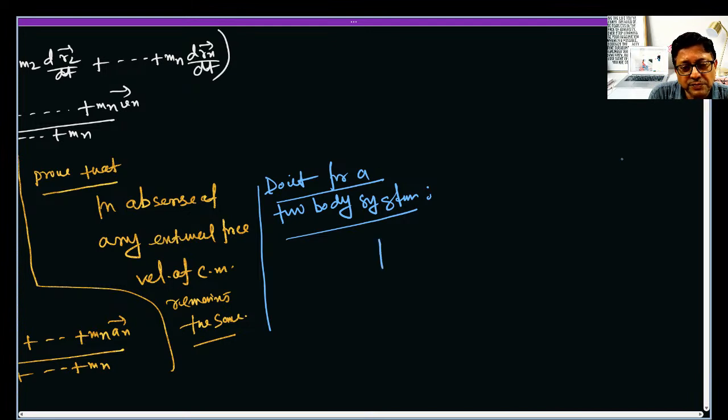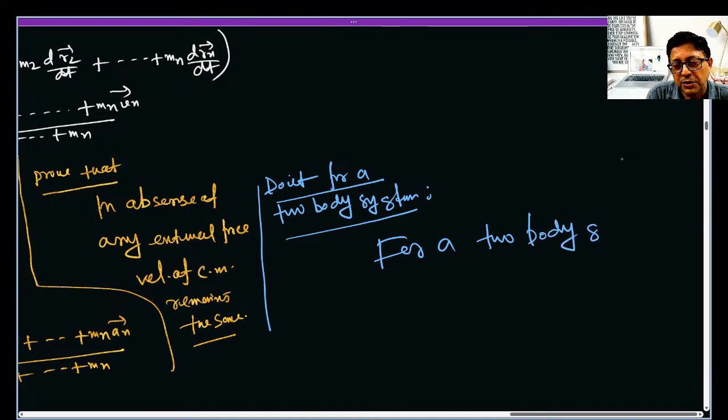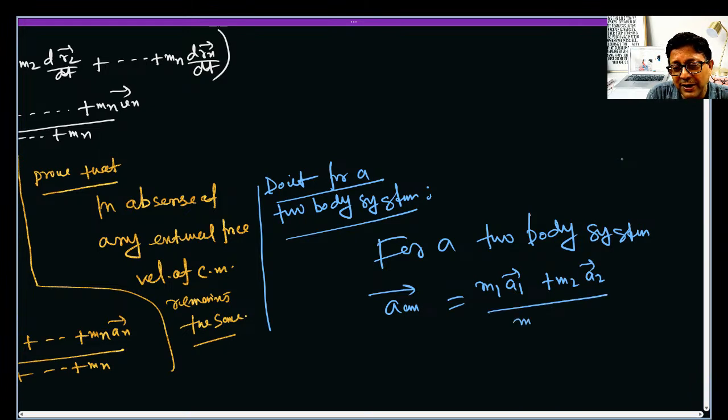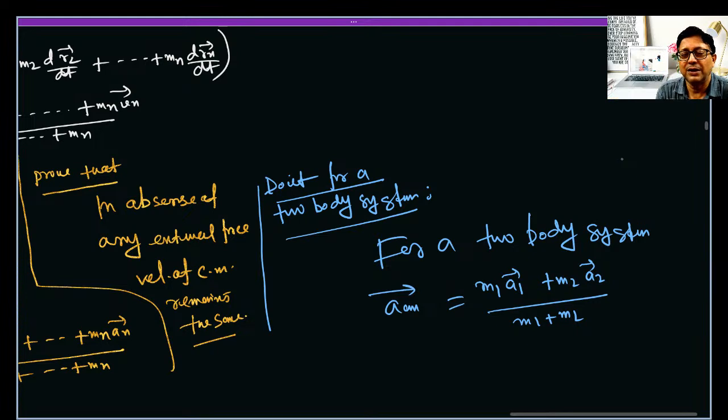What is acceleration of center of mass? For a two body system, ACM is what? (M1A1 plus M2A2) divided by (M1 plus M2). External force absent. It means they are in motion for internal forces only.